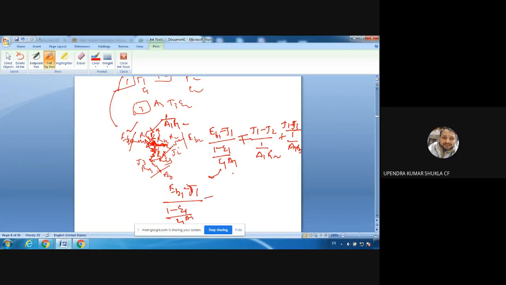Now if you bring the equality straight across, it becomes J2 minus J1, plus J2 minus J1, and similarly J3 minus J1, divided by 1 upon A1 F12 and 1 upon A1 F13. Okay, so this will become 0.